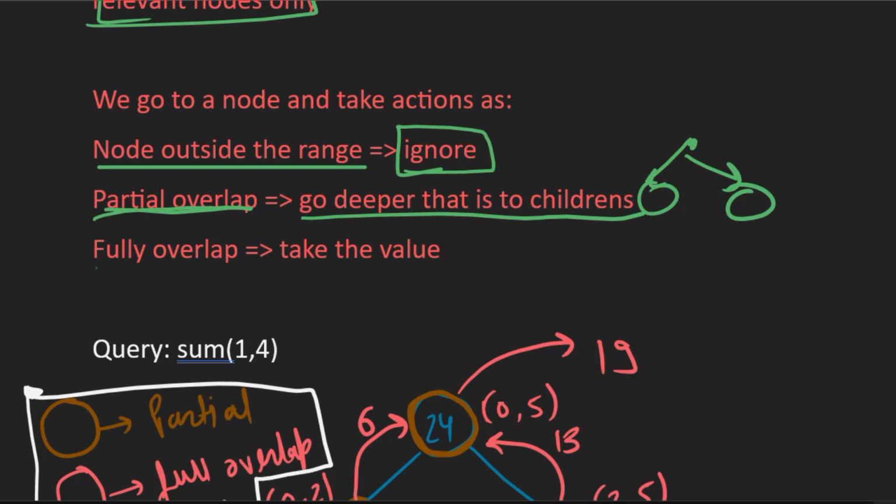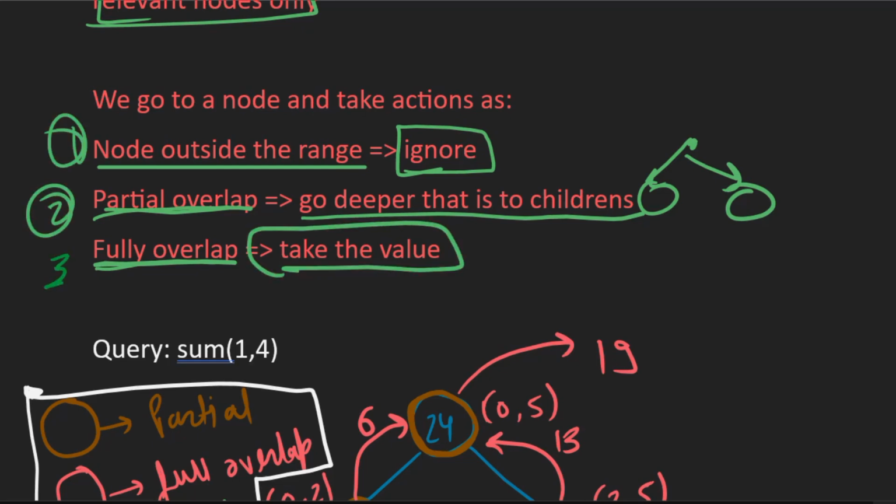Or what can be the third case? The third case is the current node range is fully overlapping with the query range. In that case we directly take the value of that node.